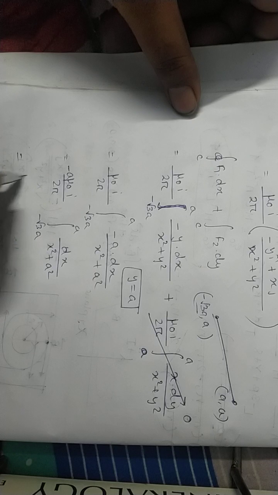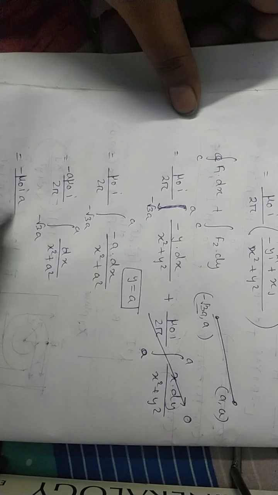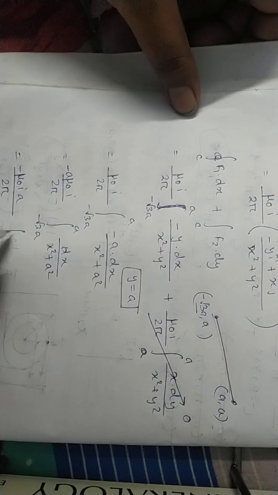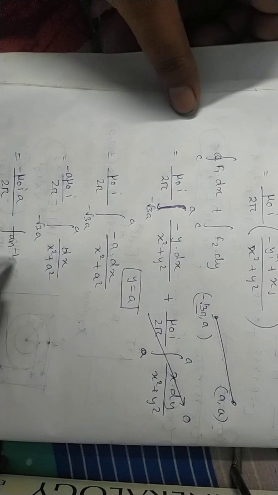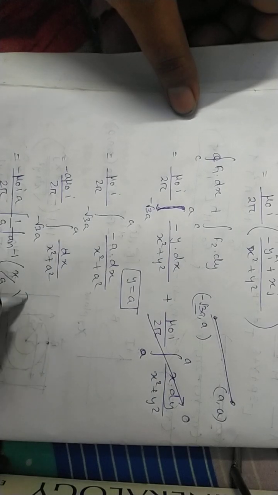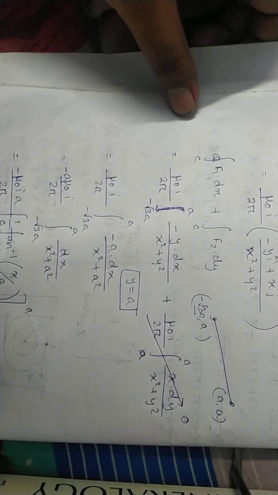So we have mu naught I a by 2 pi and tan inverse x by a into 1 by a is its value.